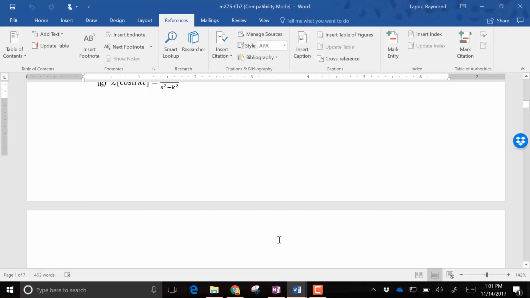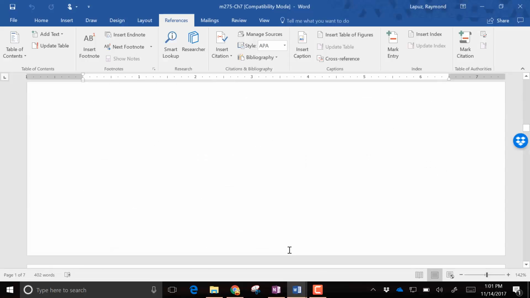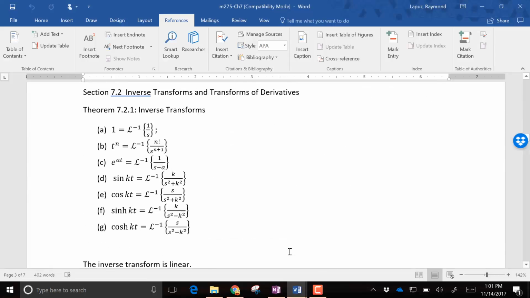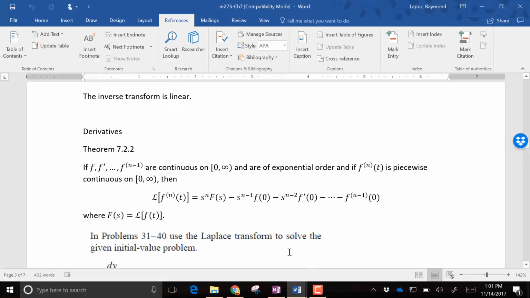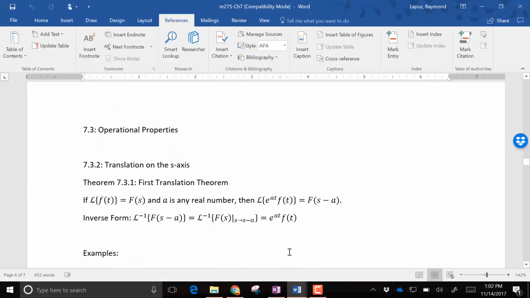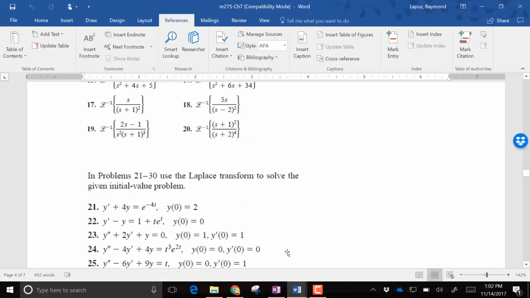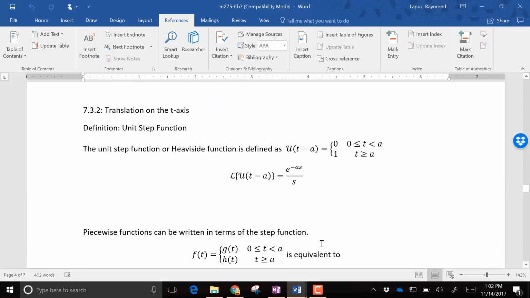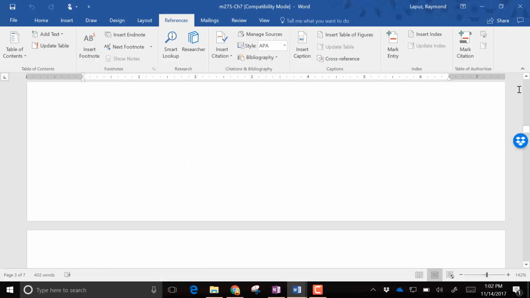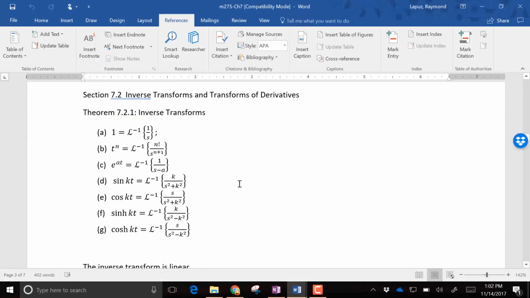Let's see if I have the formula. Maybe there is no formula. There's a formula, I just don't know what it is. But anyway, the idea is you want to be able to come back, and so we'll use the inverse notation, the negative 1 power notation, to be able to come back.